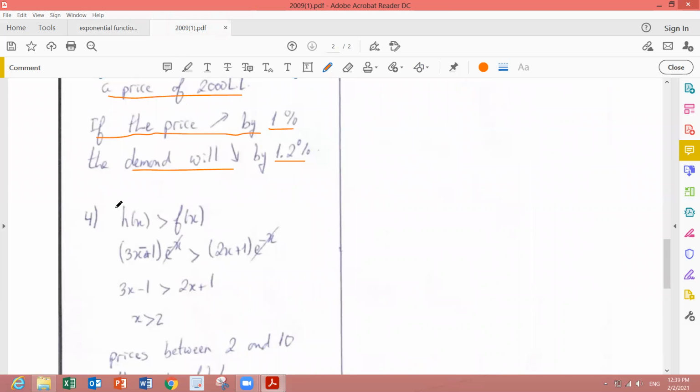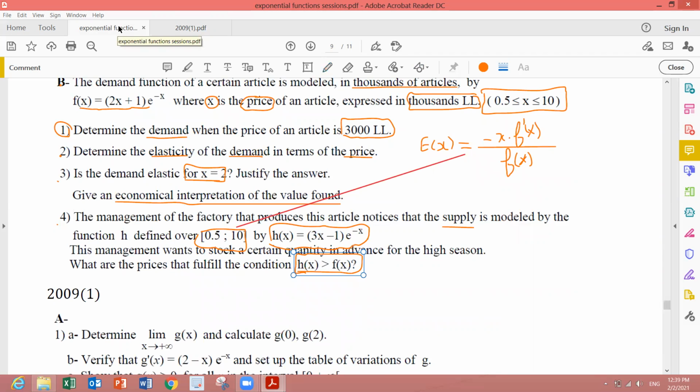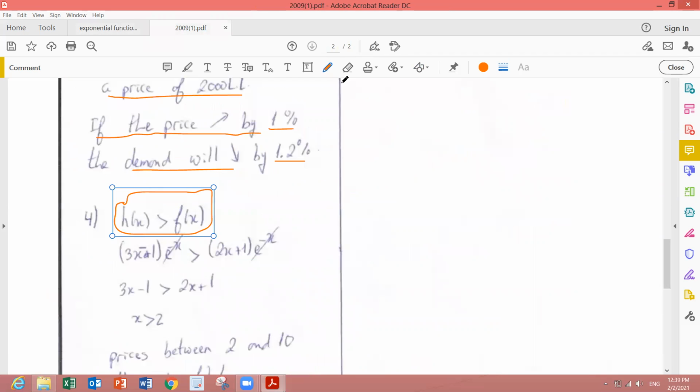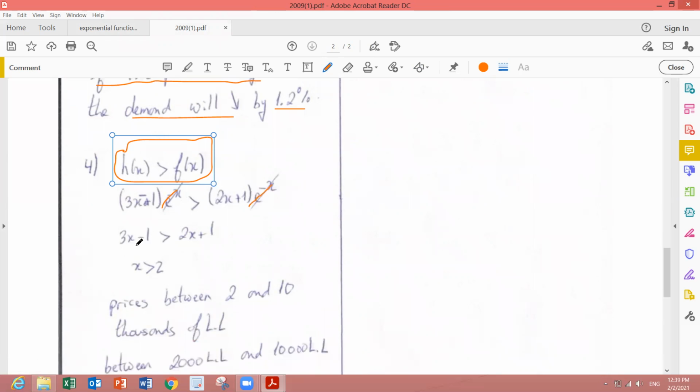To solve h(x) greater than f(x), we replace: h(x) is 3x minus 1 times e to the minus x greater than 2x plus 1 times e to the minus x. We can skip e to the minus x with e to the minus x. So 3x minus 1 greater than 2x plus 1.